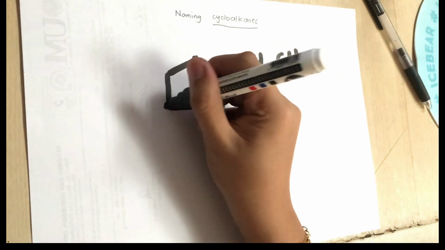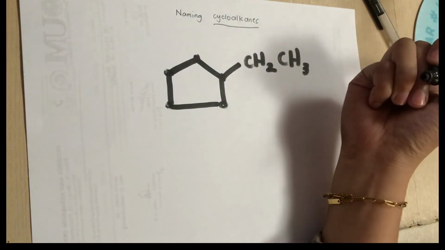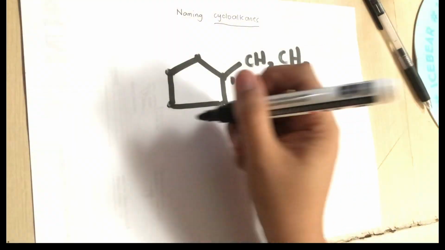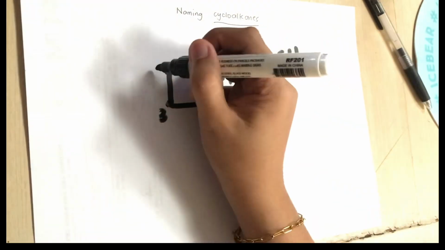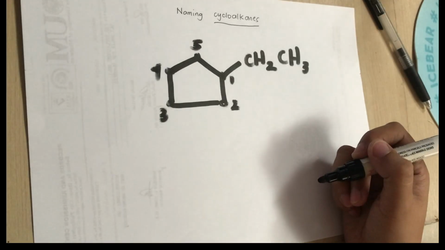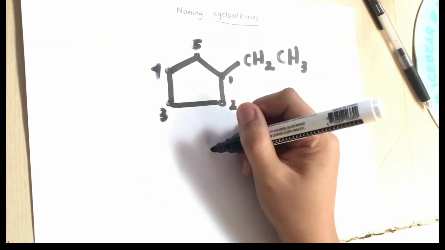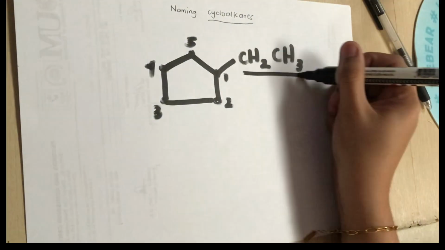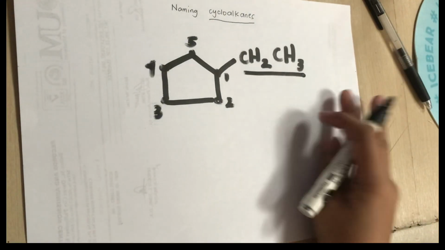The counting is where you're going to start, where there is an attachment. So we have 1, 2, 3, 4, and 5 carbons present in this cyclic. And our attachment is CH2CH3, wherein it is an ethyl compound.